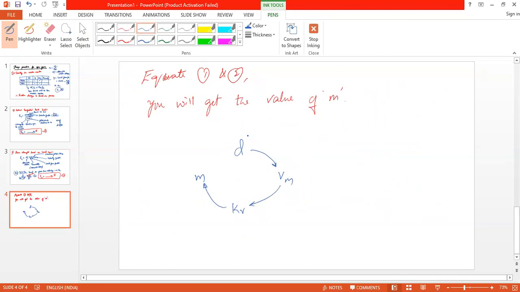This diameter d is equal to m z. So if d is not given, you need the value of m to find the value of d, but m itself is unknown. So it is just like a loop. What to do in this case?